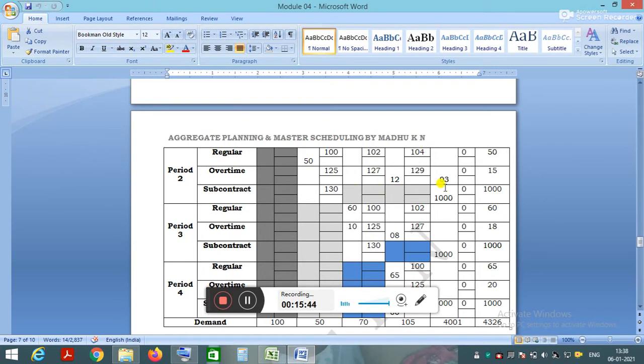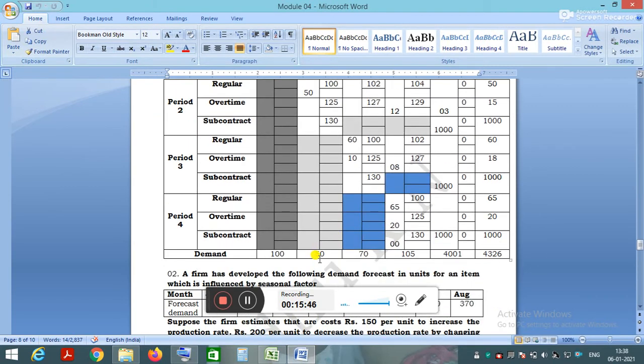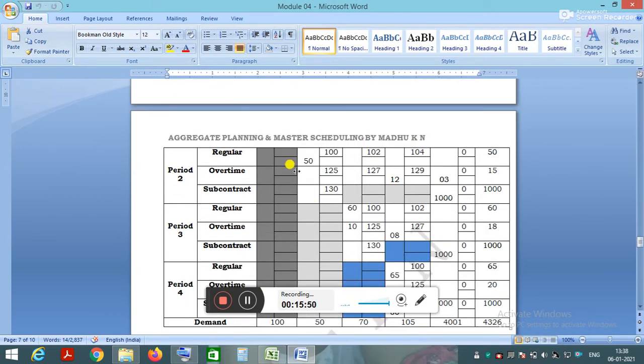The demand is 50 for the second period, but we can produce in the second period by using regular time 50, by using overtime 15, by subcontracting 1000.